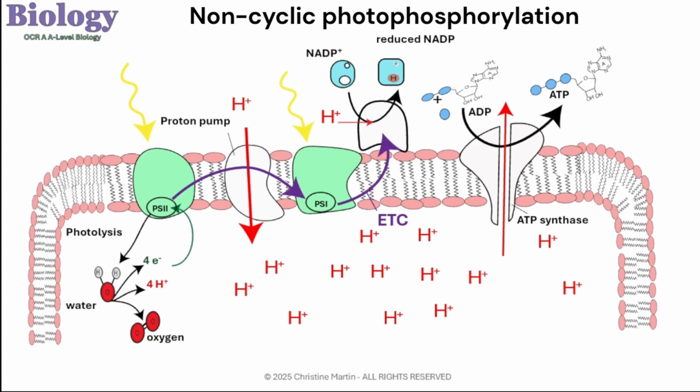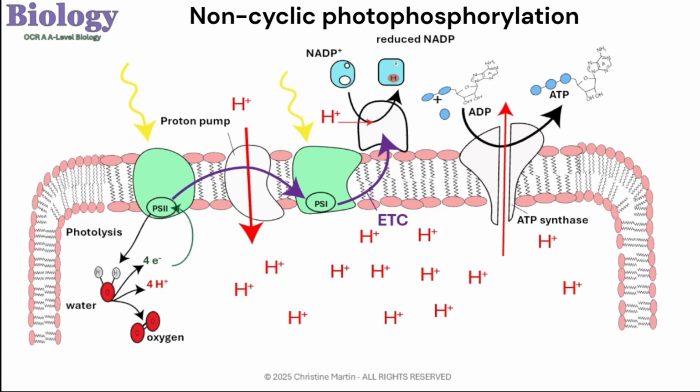This movement of the electrons through the proton pump releases energy, which is used to actively transport hydrogen ions across the thylakoid membrane, creating a proton gradient. These hydrogen ions then diffuse back through ATP synthase, also embedded in the thylakoid membrane, driving the production of ATP.